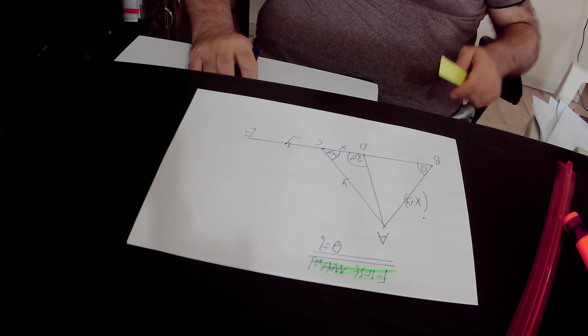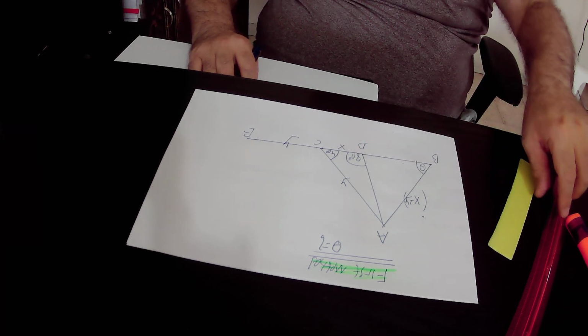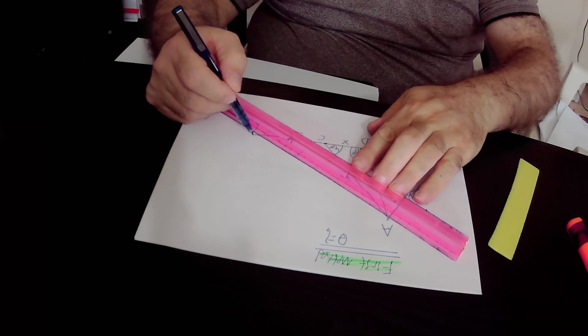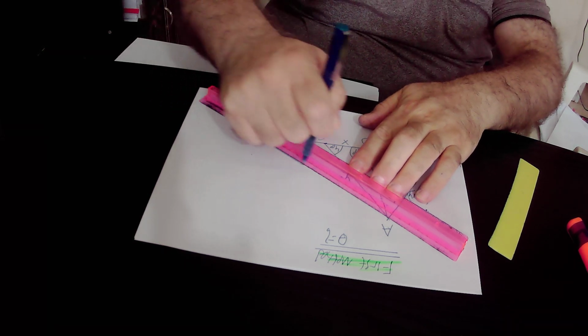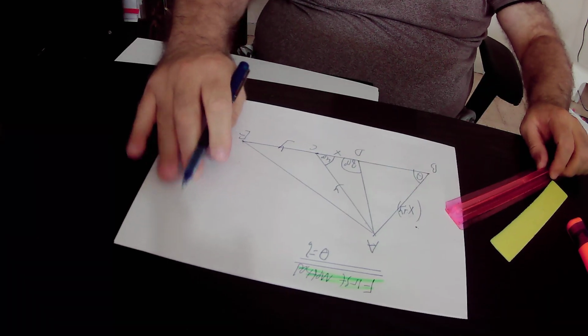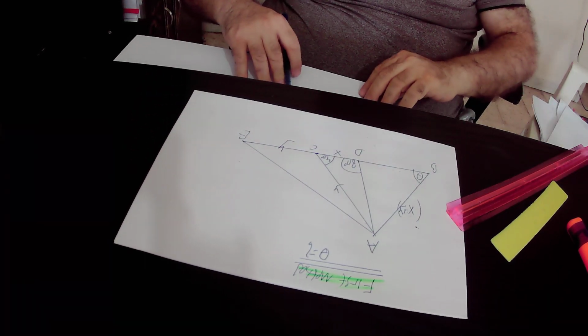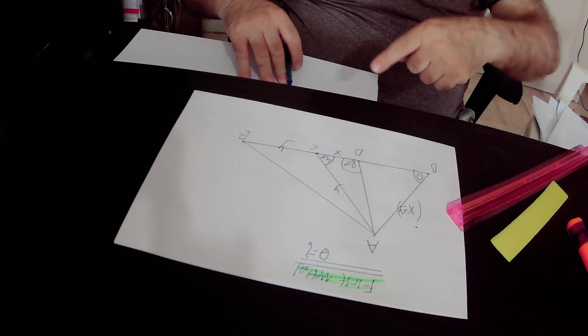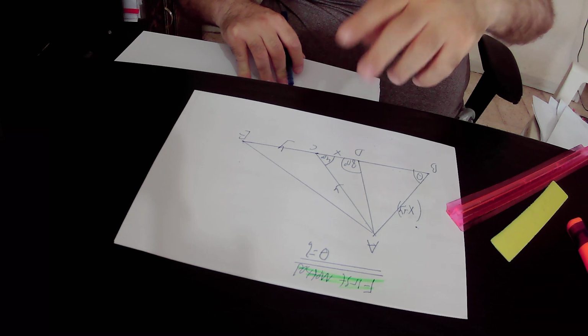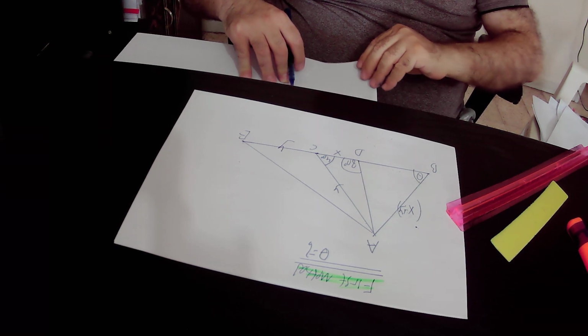In the next step we'll join points A and E together by a straight line. So here we create the triangle ACE. I will copy triangle ACE in a new page and we will analyze it.